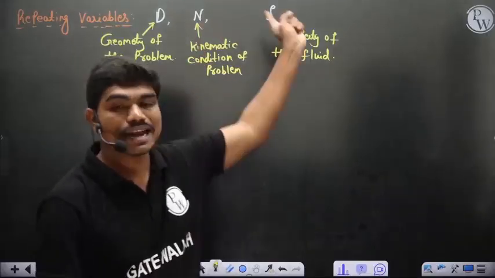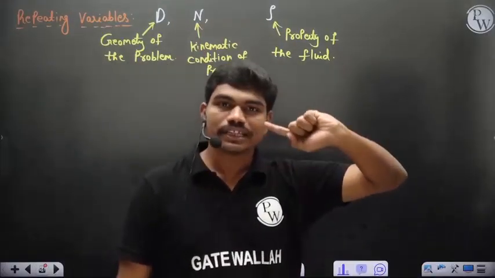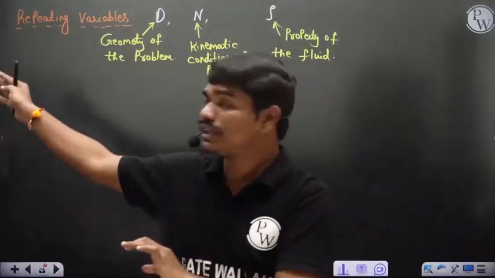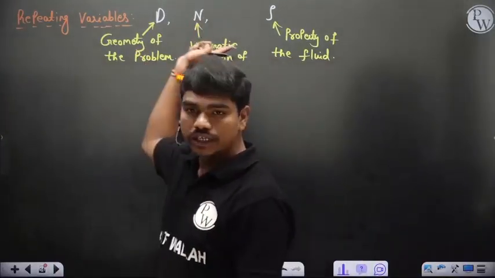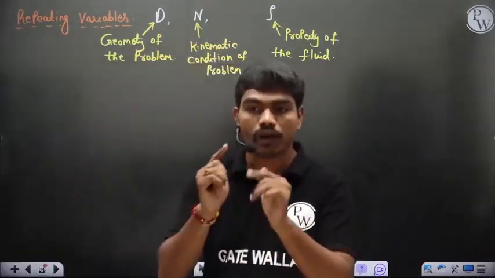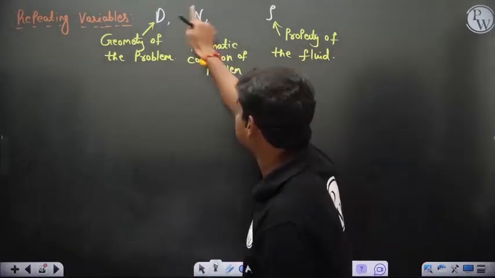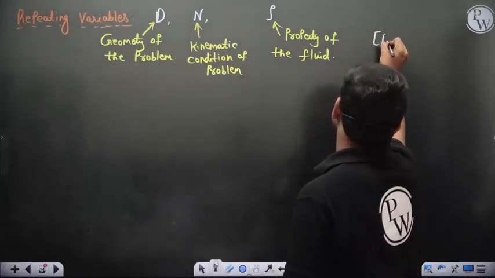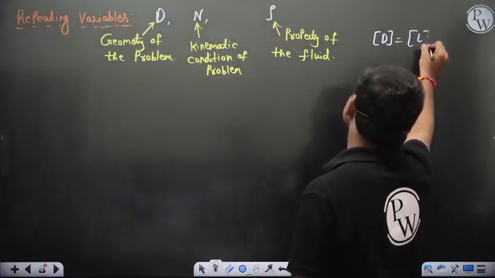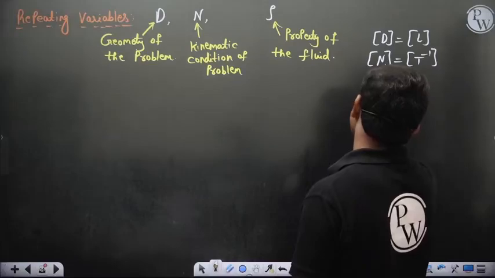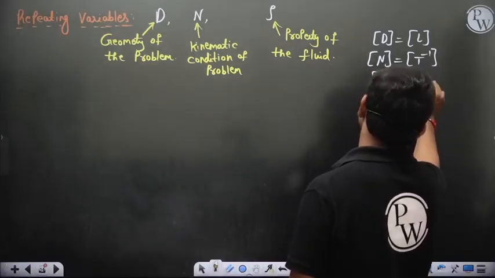So this D, N and rho, and after making this selection of repeating variables, it's not like, since these three variables are satisfying geometry, kinematic condition and property of the fluid, you can always take one. One important check you should do is, if you look at the dimensions of these three: diameter L, n T inverse, and rho kg per meter cube.